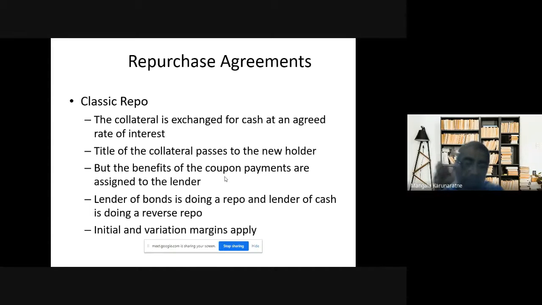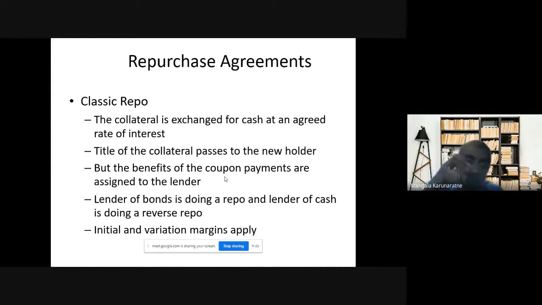Because now the value of your bonds which you have given for this repo transaction is not 110,000. It's less, because the market interest rates moved up, and when the market rates go up, your bond portfolio will fall in value, so the value has come down.